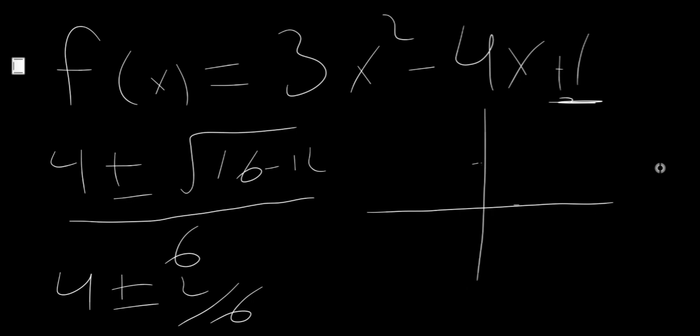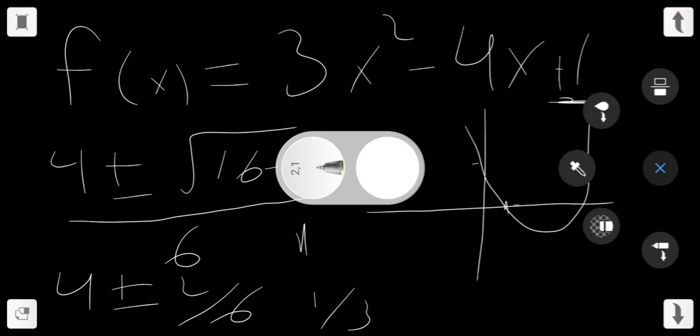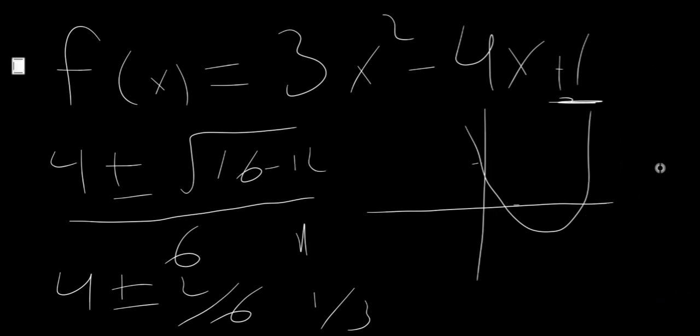So your first cut will be in 1, and your second one, 4 minus 2, is 2, so 1/3. So it will be like this, being here 1/3 and here is 1, okay? So why is this important? Because this is the area he wants, from 1/3 to 1.